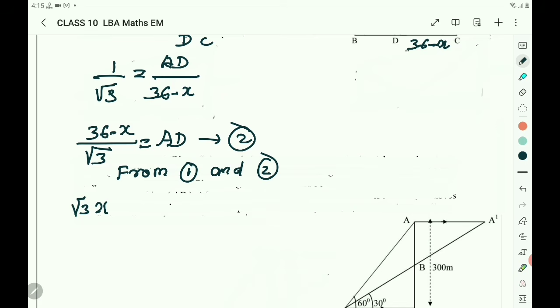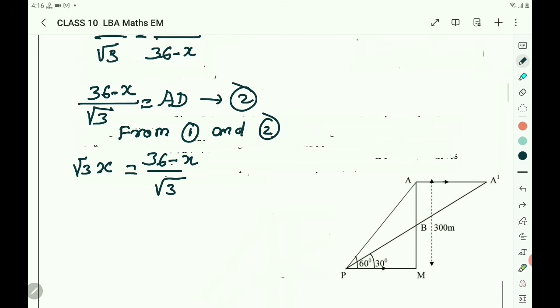Root 3 x equals 36 minus x by root 3. Multiply this root 3 x and root 3. That becomes 3x equals 36 minus x. Transfer this minus x to the RHS.